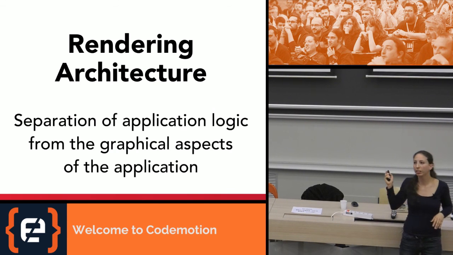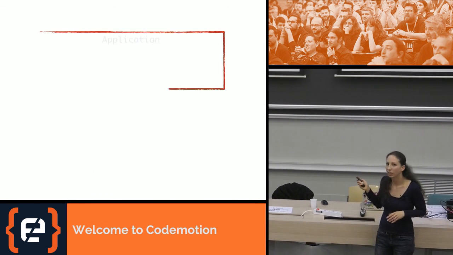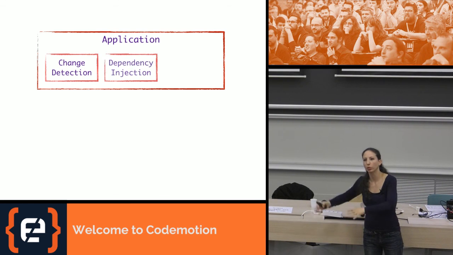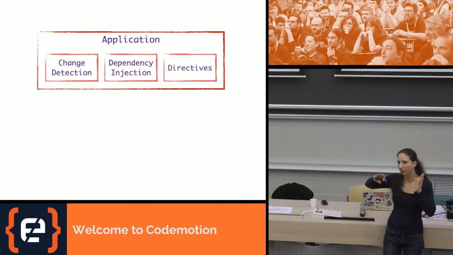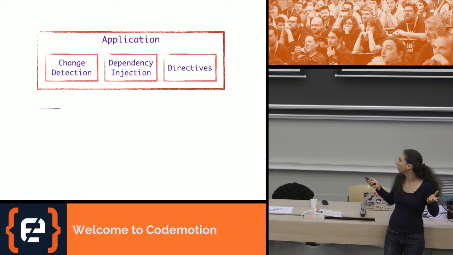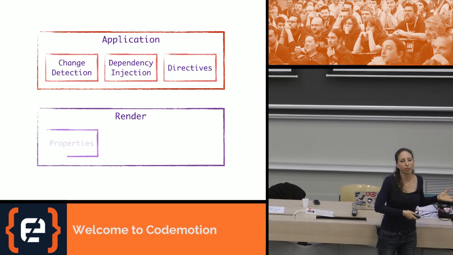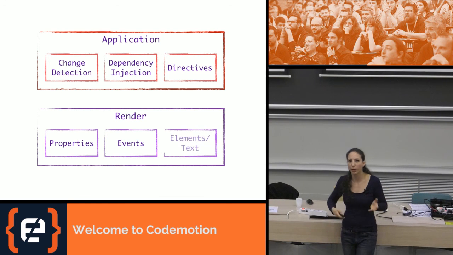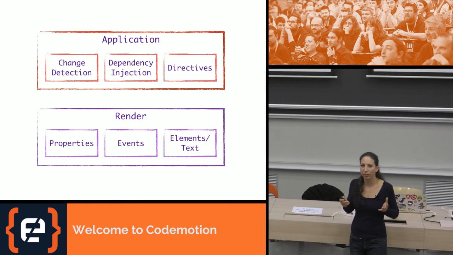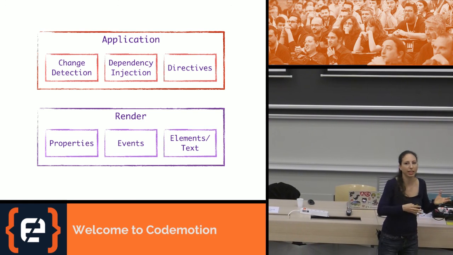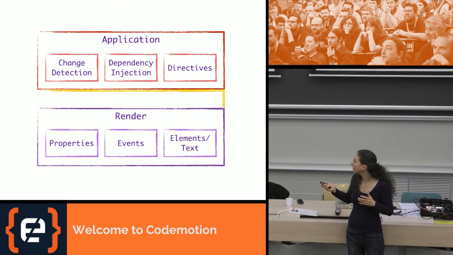And I talked about the rendering architecture, which enables you to write one type of code, one application, and just by changing the renderer, use it in different platforms, in mobile and Arduino and whatever you want. So whenever you bootstrap your application, you tell Angular which renderer to use.